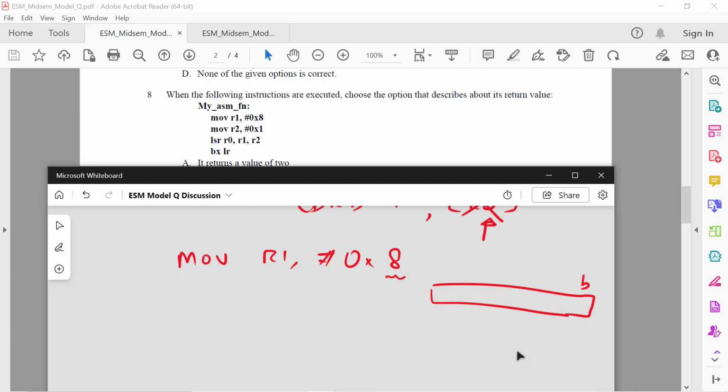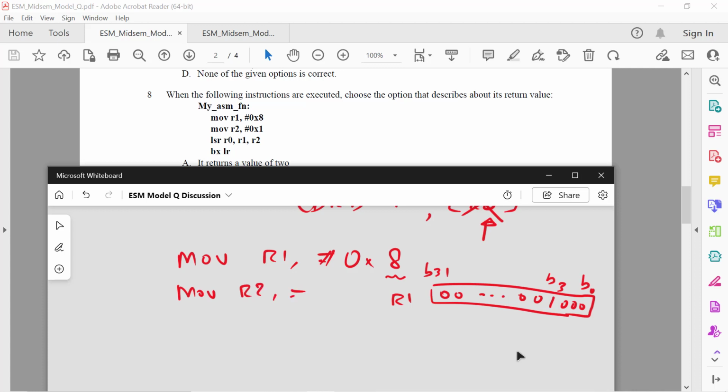Remember B0 to B31, and 8 in binary form is this one. All the other bits will be zeros, and this goes into R1. So R1 has this value. Now what is in R2?